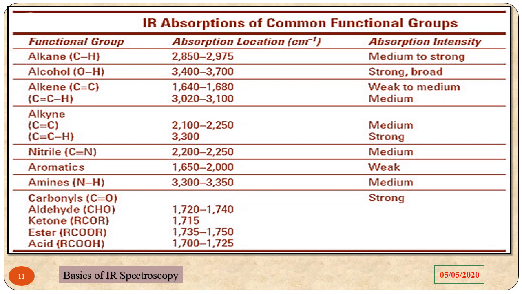In the table we can see the absorption frequencies of these functional groups, and from this we can easily guess the absorption location in centimeter inverse, that is wave number. We can easily guess the particular absorption of that particular functional group.